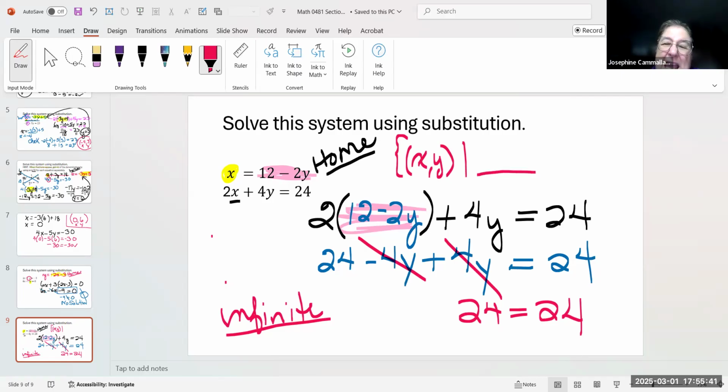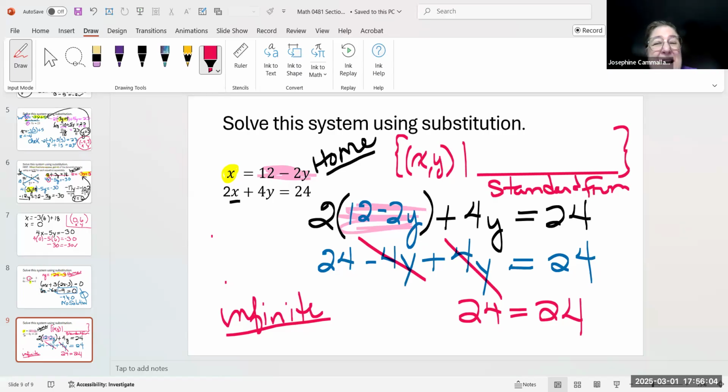Now, they are going to have in this type of problem what we call standard form. It's just the change because we're dealing with a system, and this system is done by substitution, not by graphing, which means that this is going to be ax plus by equals c. It's just to give an indication of how you are solving this.